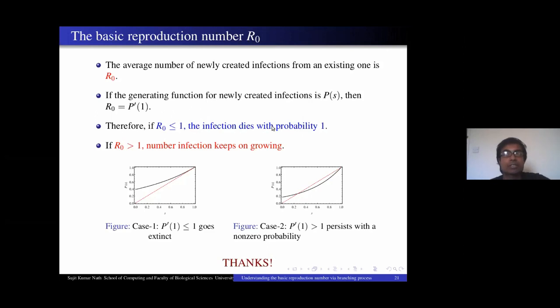Because you can calculate the generating function of the nth generation, right? So from there you will get all the probabilities just by taking the Taylor series coefficients, that is, the probability of getting any number of offsprings at the nth generation.